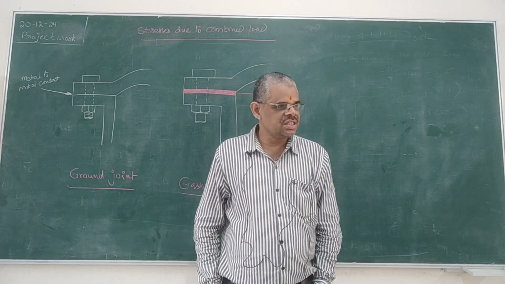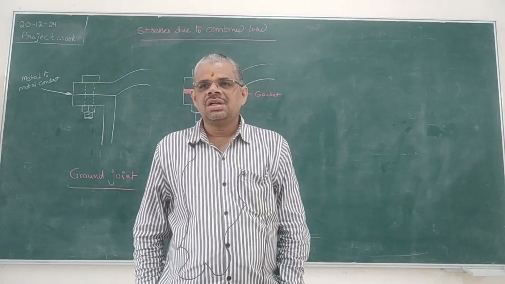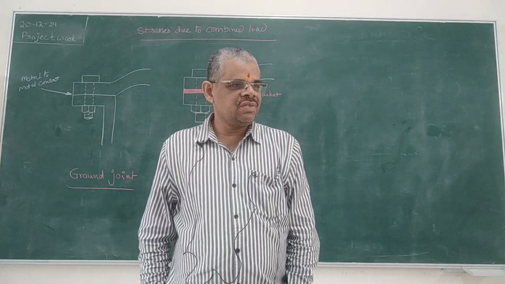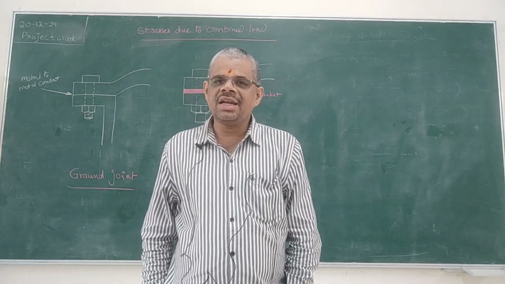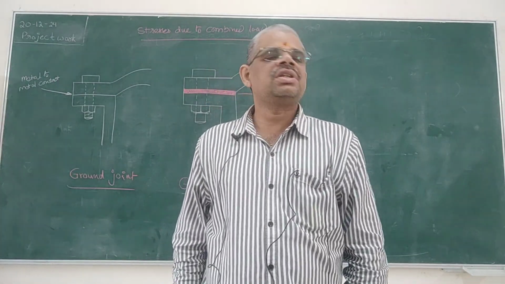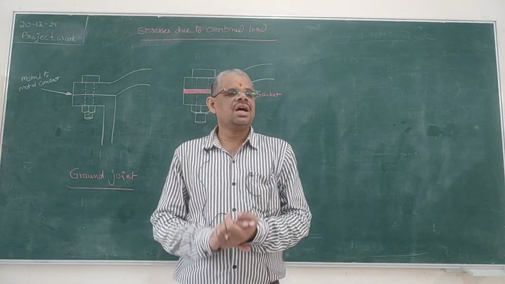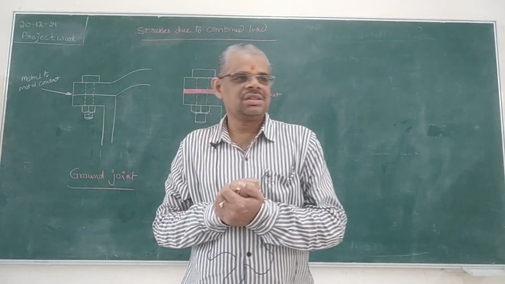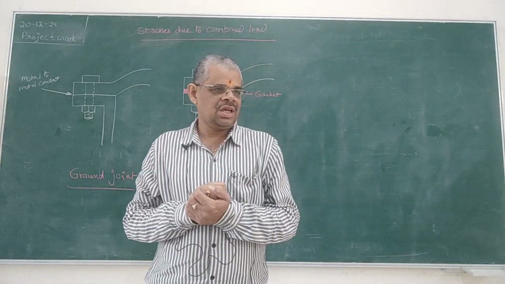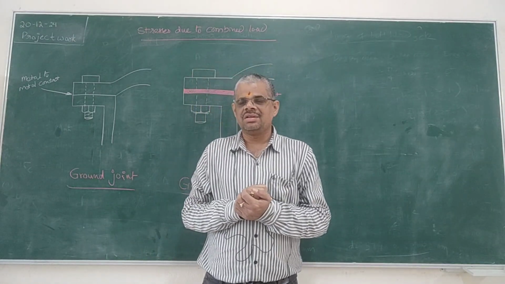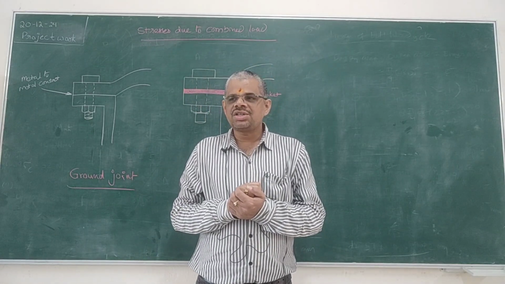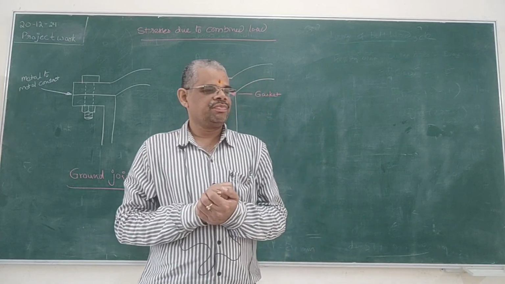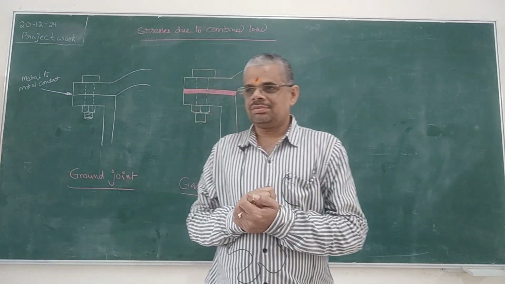In the first case, we have seen the bolted joints which are subjected to initial tightening only. That is the load acting on the bolted joint due to initial tightening of the nut. And in the second case, we have seen the bolted joints which are subjected to external loads.